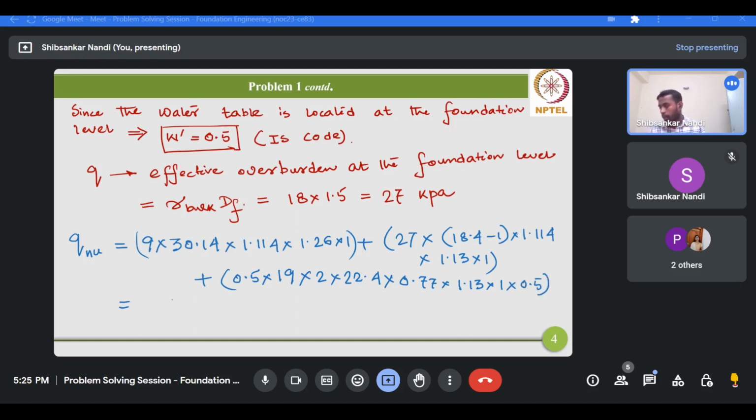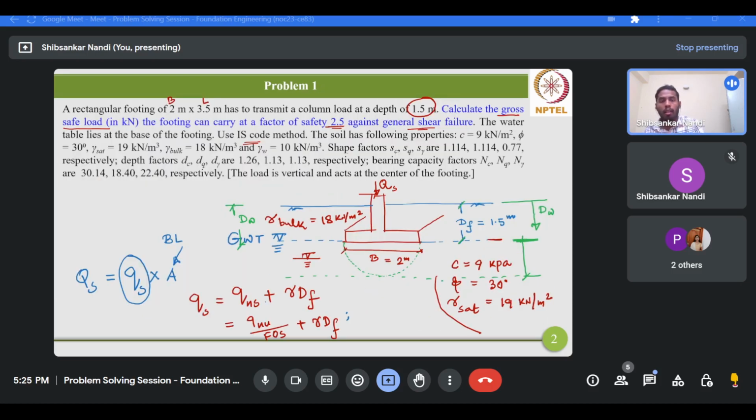So if you calculate, then this value I think would be 1157.3.